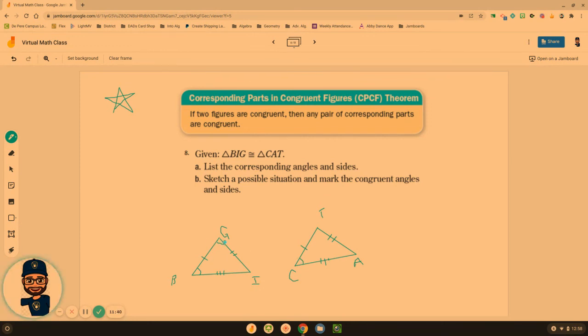Or G, we'll use 2 of them now, is the same as this one. Or we'll use 3 for A. So these are called congruency marks, and they show which angles and which sides are congruent, which ones are corresponding if I have 2 figures that are indeed exactly the same.